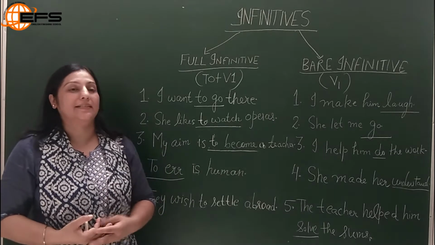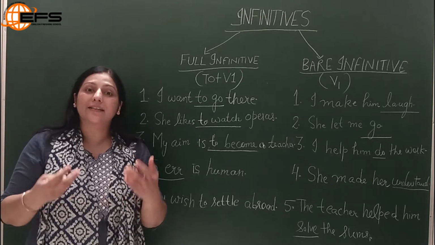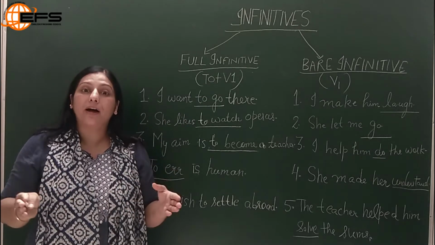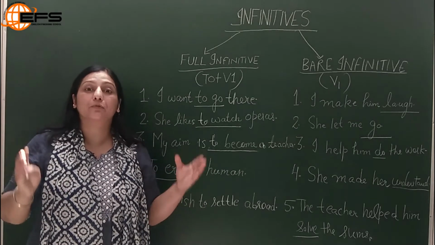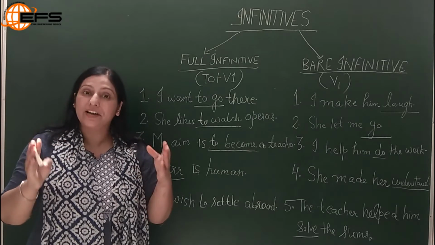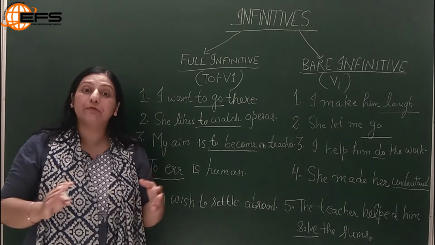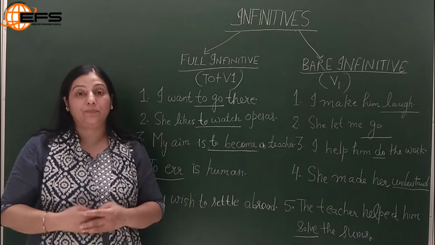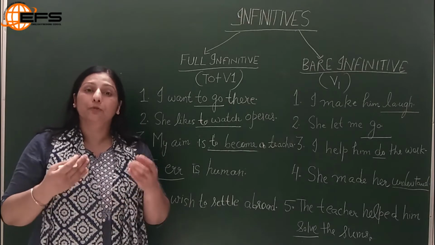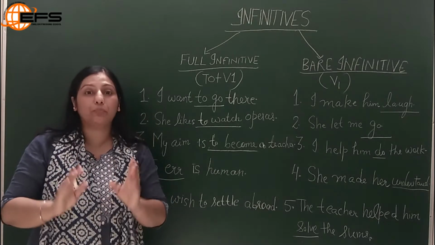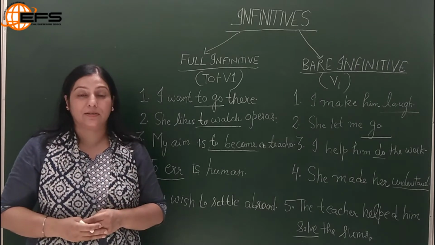So let's start. Infinitives, as I told you, are a part of non-finite verbs. Now, non-finite verbs are different from finite verbs. How? In a sentence, we know a verb is the most important thing to make a sentence.